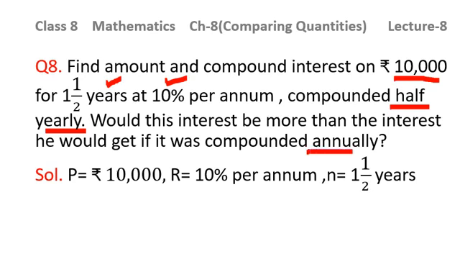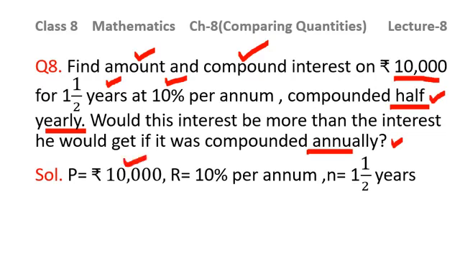So dear children, in this question also we need to find the amount and compound interest when the interest is being compounded half yearly and when it is being compounded annually, and then we need to compare the two. So let us take first case.